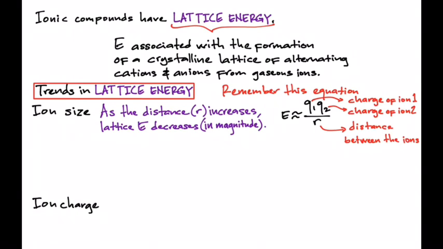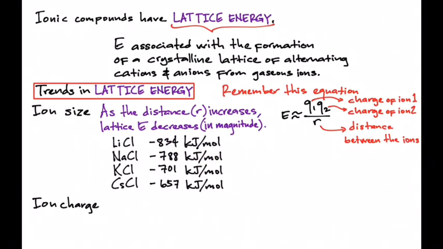So let's take a look at a few examples here. We have a bunch of ionic compounds shown here that contain chloride ions. The only thing that's variable here is the size of the cations, right? So you have lithium chloride, sodium chloride, potassium chloride, cesium chloride.